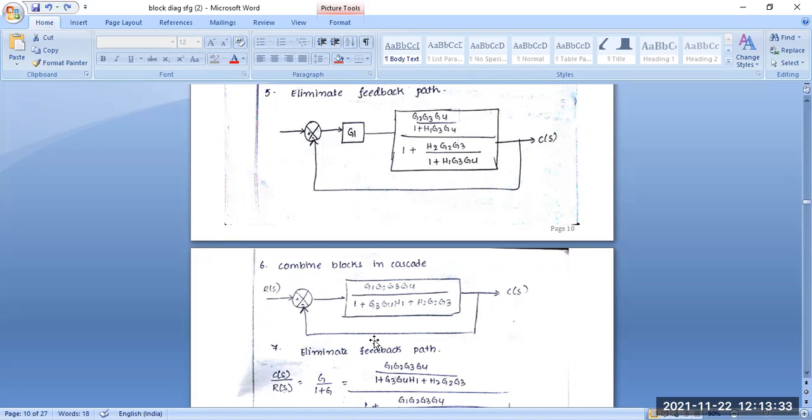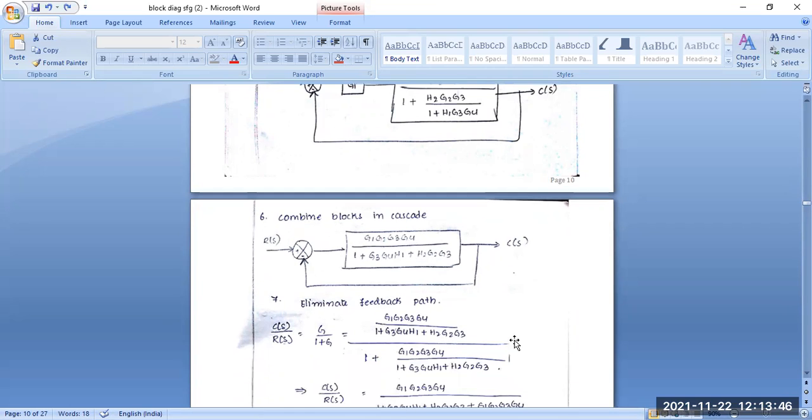Unity feedback means the feedback factor applied is always 1. That is called the unity feedback. So the output equation we have to know is C(s) by R(s) equal to G by 1 plus G, because here it is 1, a unity feedback loop.